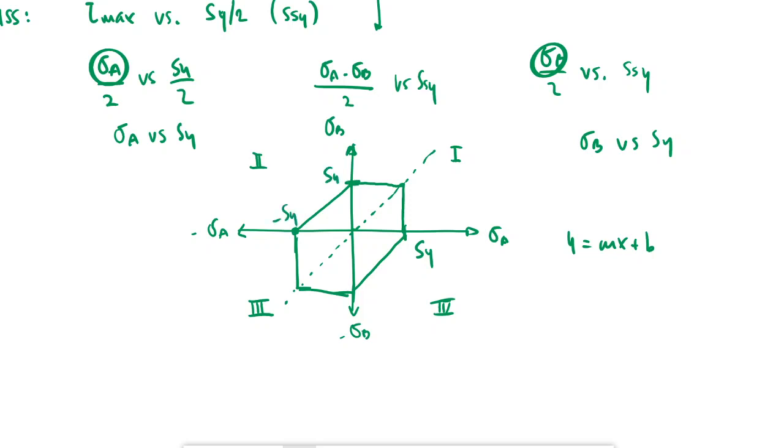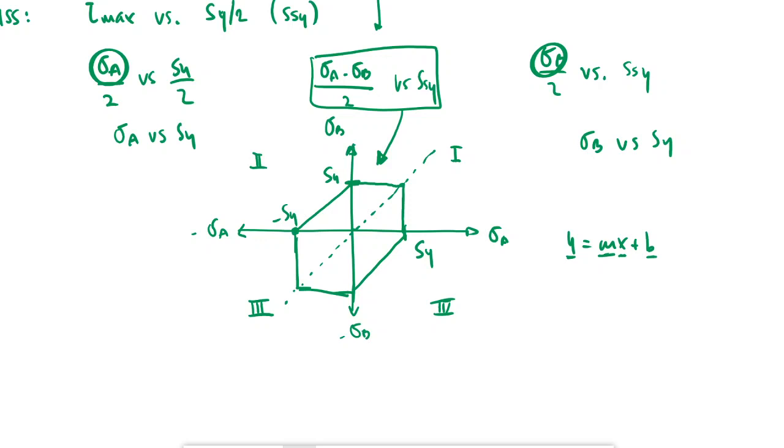So it would be sy over sy, and positive because it's a positive slope, so m is just a 1, and x is sigma a, and the y-intercept is sy. So you solve for that, and y is sigma b, and you end up just comparing these two, and that's why we can represent those cases as these diagrams, sigma a and sigma b, right?